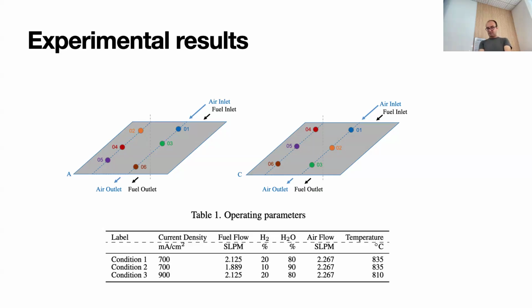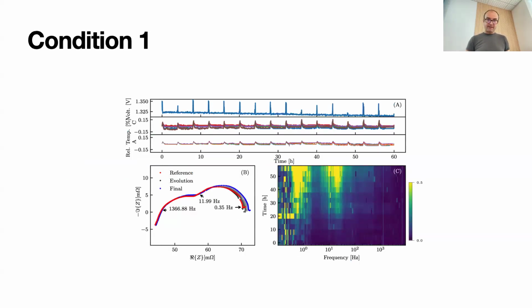This is the table of the changes, and we would like to see how the impedance evolved over time. For each of these conditions, we measured around 60 impedance curves.